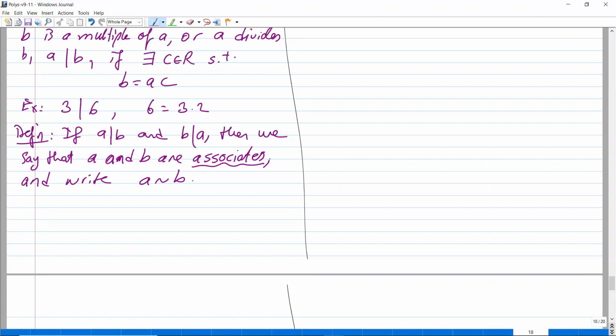So, the first example. If X is associated to 0, then it means X is 0 times C for some C in R, and also backward, 0 is equal to X times C. So this implies that X is equal to 0.